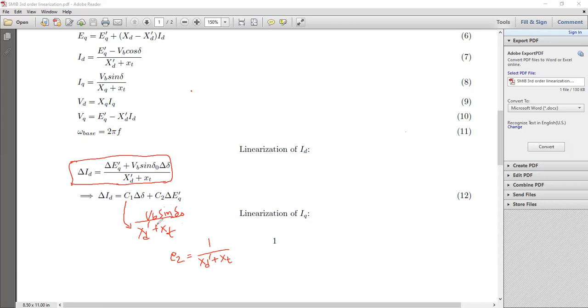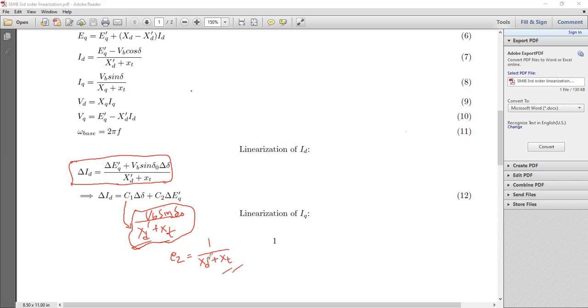Divided by xd dash plus xt, these are system parameters. They will remain constant. Sine of delta naught: once you fix your equilibrium point, delta naught becomes a constant. So overall, this whole expression for C1 would give you a fixed, constant value for a certain operating point, of course. What about C2?